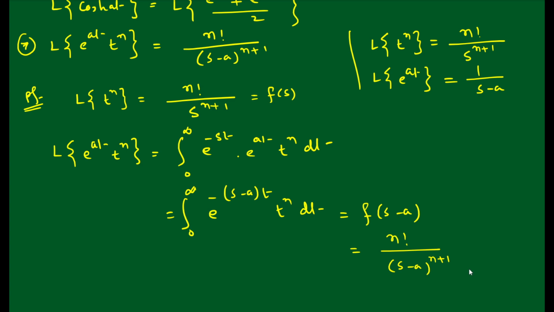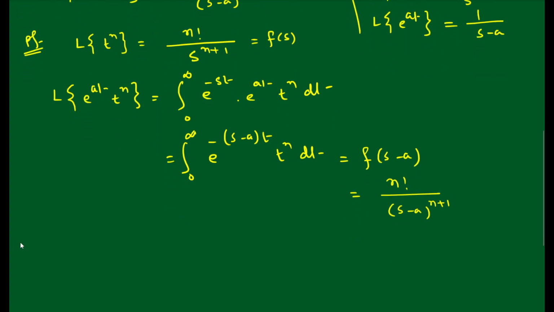Okay, so in the same way, suppose we write the Laplace transformation of e to the power at and then cos bt. For cos, what is the formula? For cos, the formula is s divided by s square plus b square. This is the formula for cos bt.